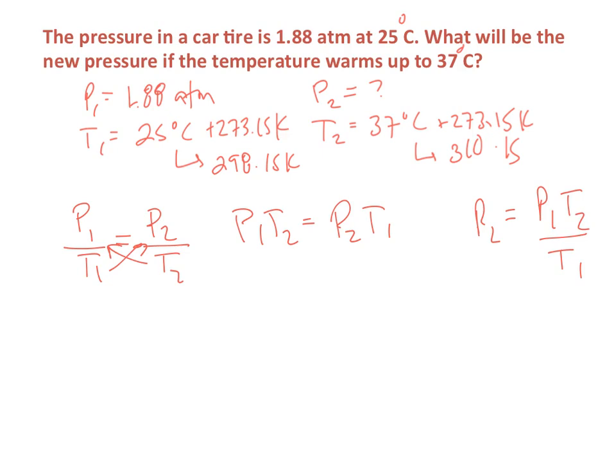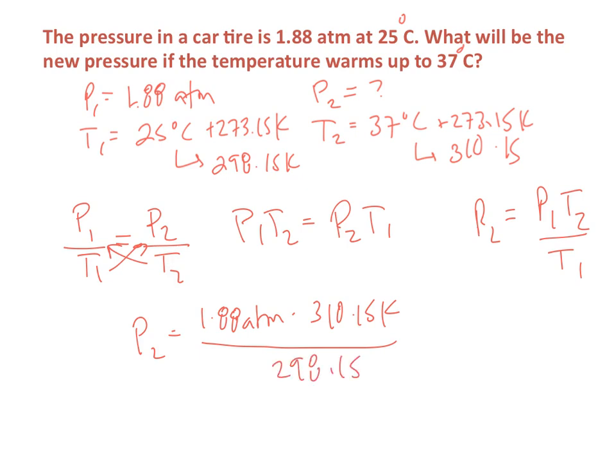Now that we've set all this up, we can check our variables again: Kelvin and Kelvin, and atm, pressure, is what we're solving for. So P2 is going to be equal to 1.88 atm times 310.15 Kelvin divided by our T1, which is 298.15 Kelvin.